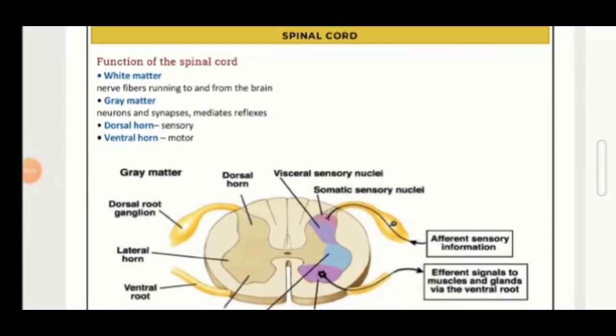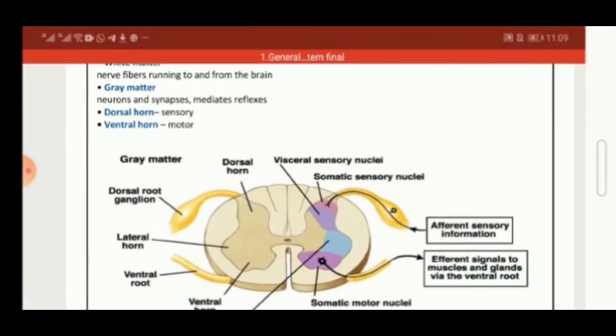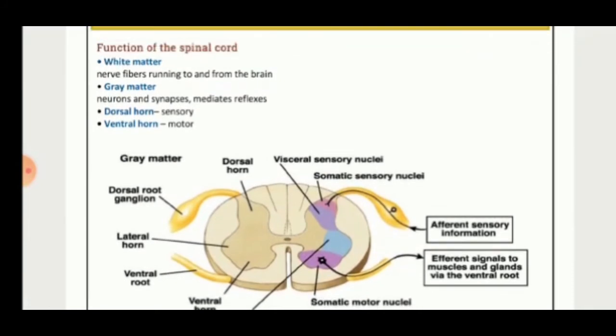The second component of the central nervous system is the spinal cord, which actually consists of a white matter and a gray matter. The white matter consists of axons. Axons which are equivalent to nerve fibers.